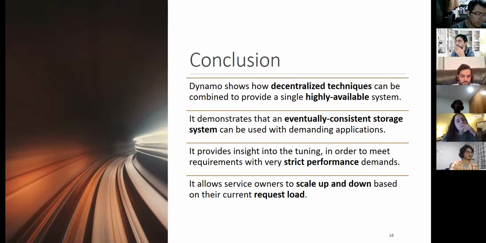So we can conclude that Dynamo, by using all these decentralized techniques, can combine them to provide a single highly available system. So its success in one of the most challenging application environments, like the Amazon e-commerce system or page, shows that an eventually consistent storage can be a building block.